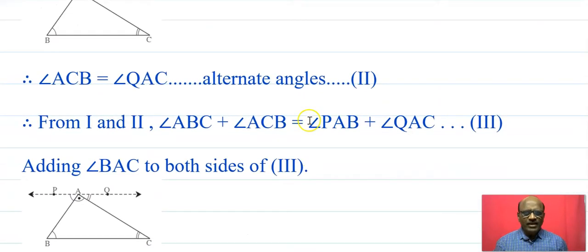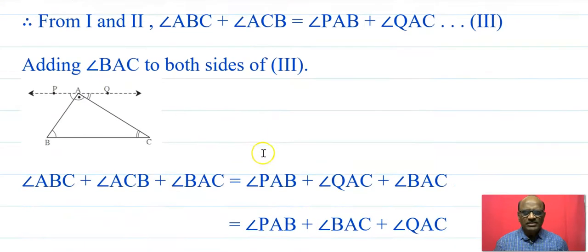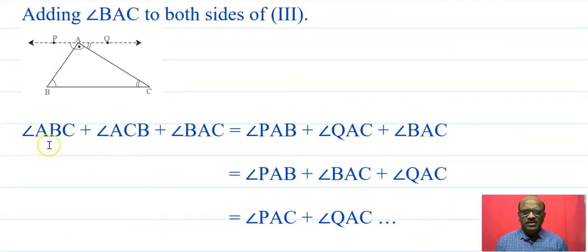Now we have added the measure of angle BAC on both sides. Therefore, measure of angle ABC plus measure of angle ACB plus measure of angle BAC. These are the angles of the triangle. Now on the right hand side, measure of angle PAB plus measure of angle QAC plus measure of angle BAC.